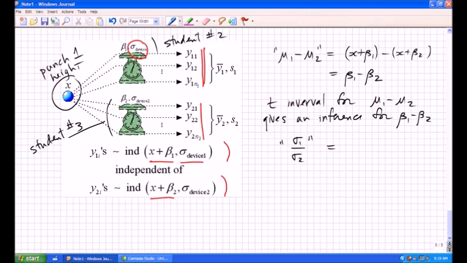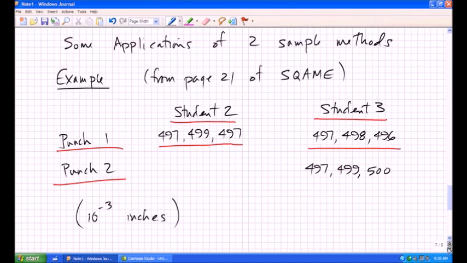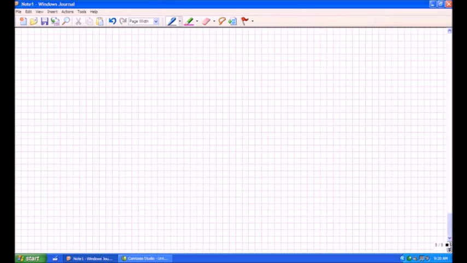The second sample has variability described by the standard deviation for device 2, and so this is a ratio of device standard deviations. Let me apply these basic two-sample confidence intervals to this problem and see what we come up with.